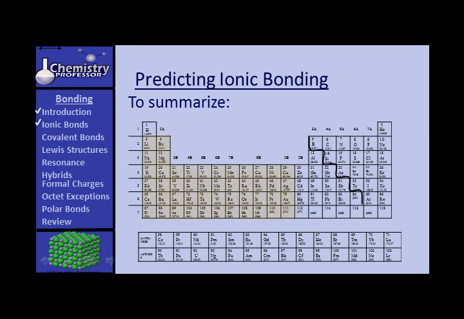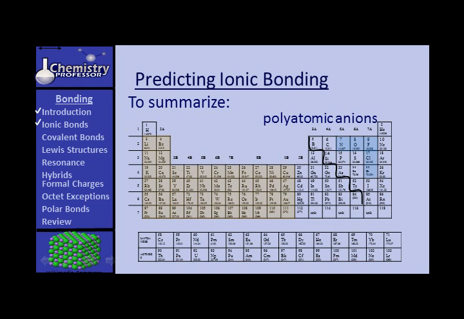If you have atoms of one of these elements, the 1A's, the 2A's, virtually any of the B's except maybe 2B, bonded with nitrogen, oxygen, fluorine, chlorine, bromine, or with a polyatomic anion, one of those negative anions, odds are you've got ionic bonding. Otherwise, you can expect the bonding to be a different form.